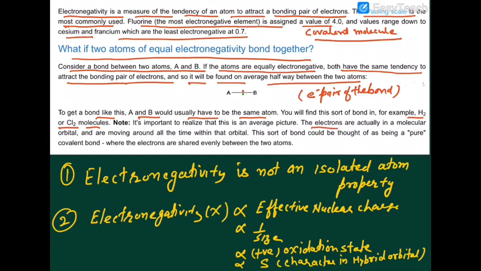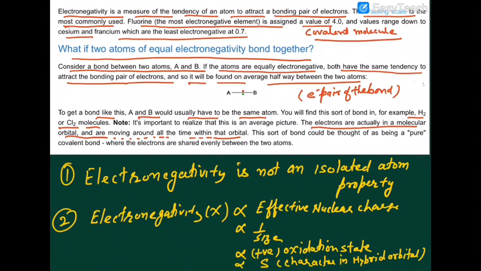The electrons are actually in molecular orbitals and are moving around within that orbital. What I am trying to say is that in an atom, the electrons are present in atomic orbitals, but in molecules, the electrons are present in molecular orbitals.